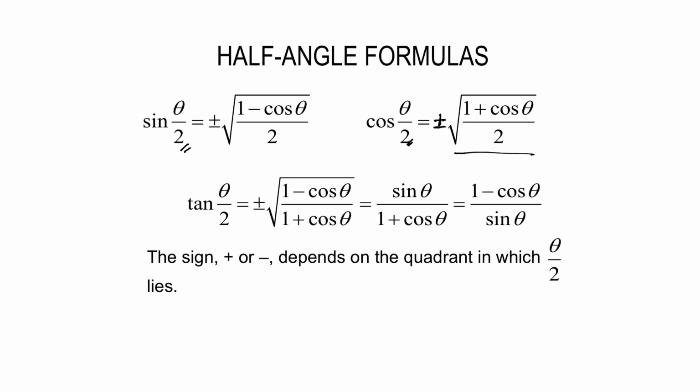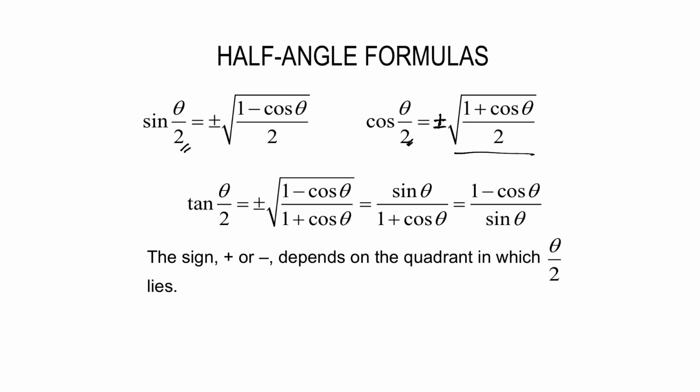Whenever we take the square root of both sides, of course, gives us a positive and a negative. Those will depend on what quadrant theta over 2 is in. And we know that sine and cosine can both be positive or negative depending on which quadrant we are talking about. So both the sine theta over 2 and the cosine theta over 2 end up, as we saw earlier with the power reducing ones, in terms of cosine.